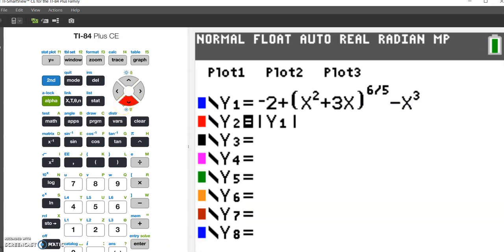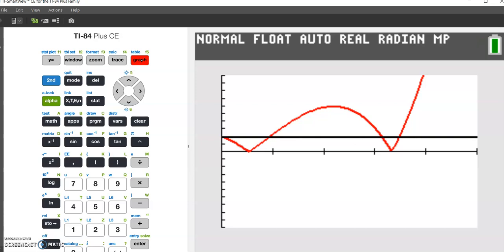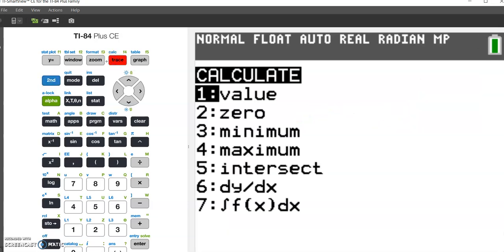The question says, find when the speed is equal to 2, and we graph. They specifically said the values of time in the interval 2 to 4, so I see 2 of them right here. For the sake of time, I'm going to only find one of them.